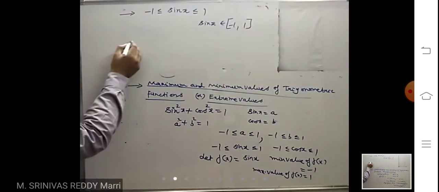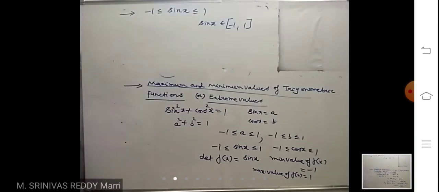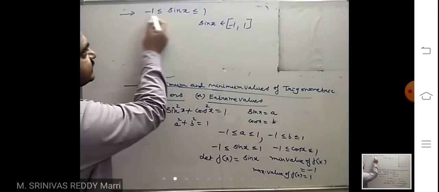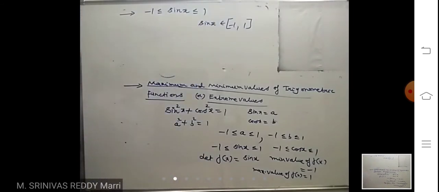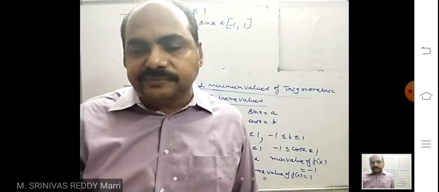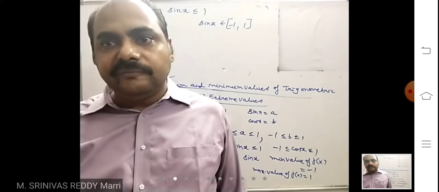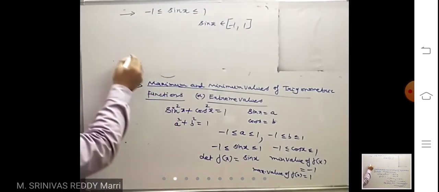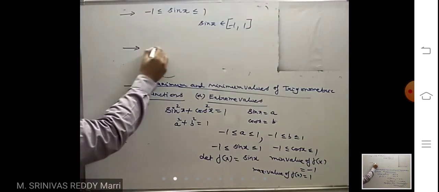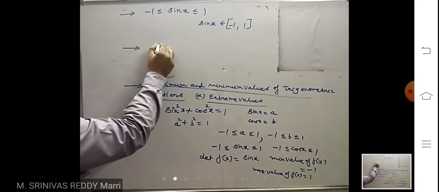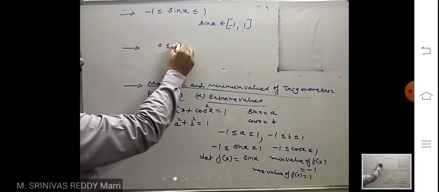Suppose look at sin x is there. Now if you square, sin square x, suppose sin x takes the values minus 1 to 1. Between minus 1 to 1, you square all the values. Then what you will get the minimum value of sin square x? Sin square x, you will get the value 0 to 1.